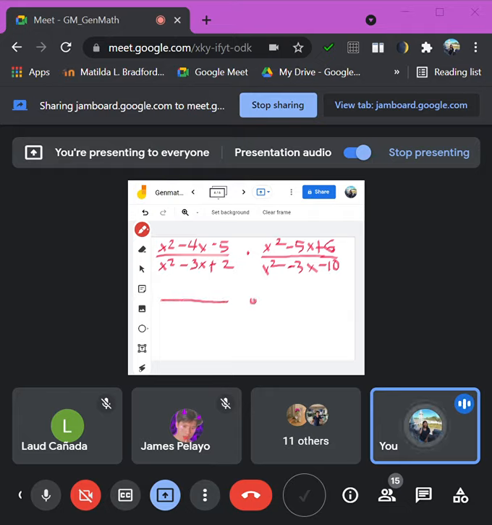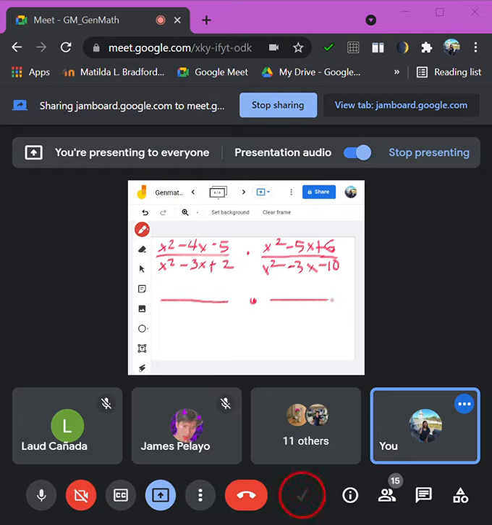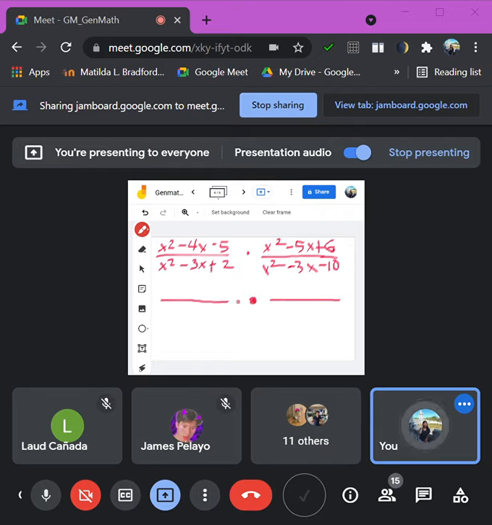Sige, mag-start ta dira. I-review nato ang factors. Okay, how do we get the factors of x squared minus 4x minus 5? Okay, since kani siya is general trinomial, it's not really a perfect square.